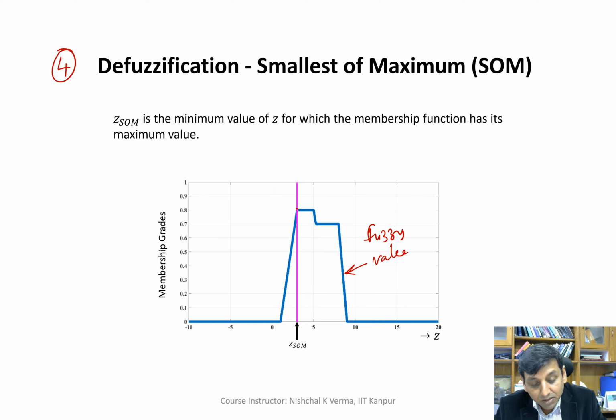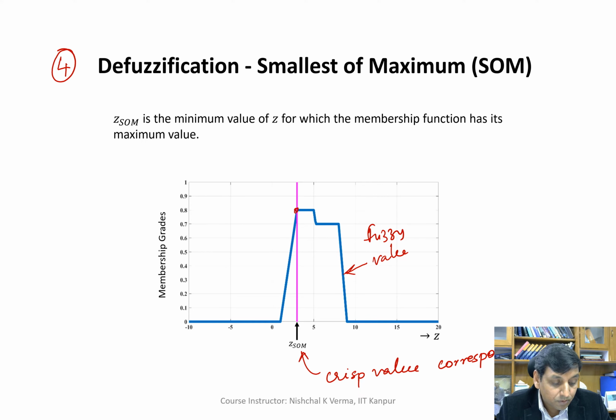The smallest of the maximum section is this, and corresponding to this we take the output. So this output is nothing but the crisp value corresponding to the fuzzy value.